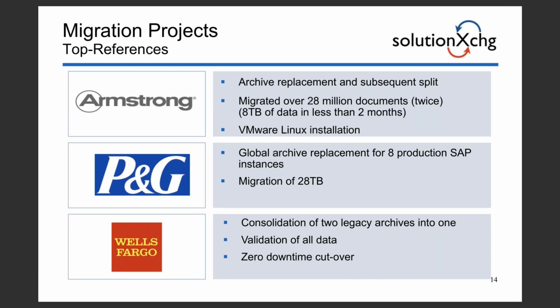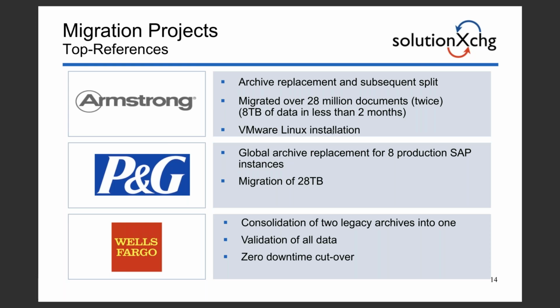We migrated over 28 million documents, in fact, twice over the years, once with the archive replacement and then with the system split. Over 8 terabytes of data moved in less than 2 months, with over 1 million documents moved per day, quite impressive numbers.